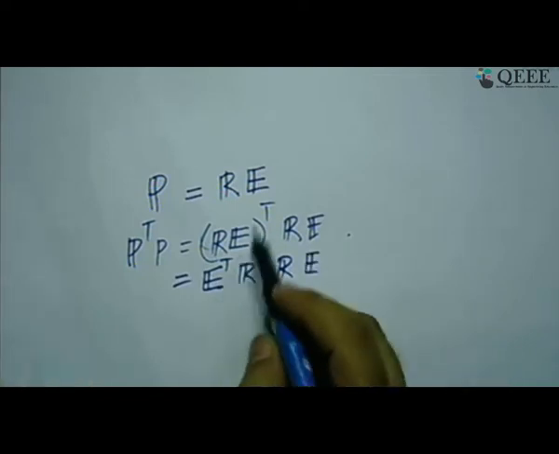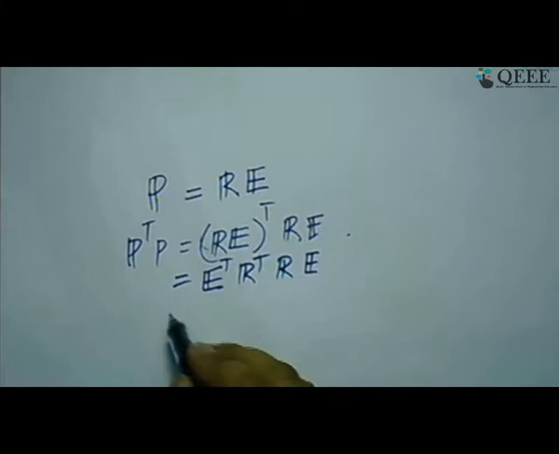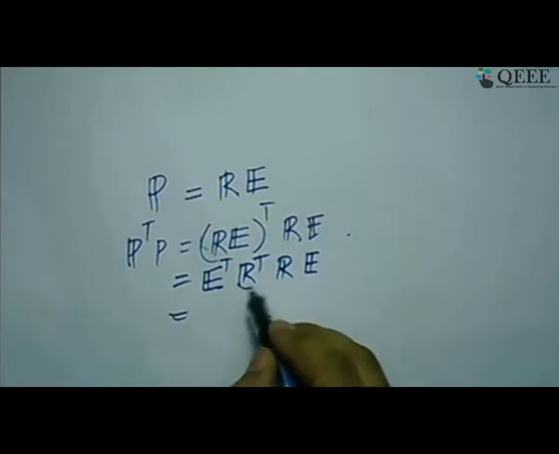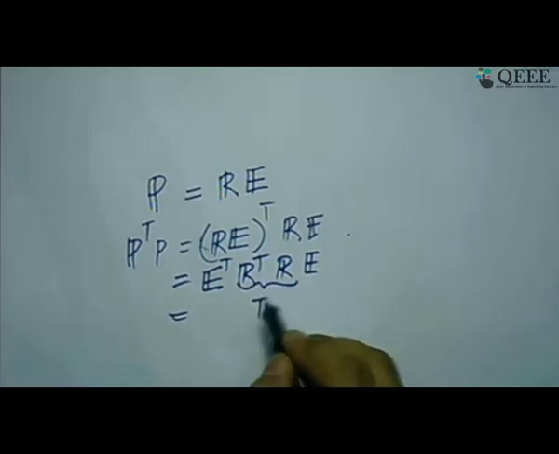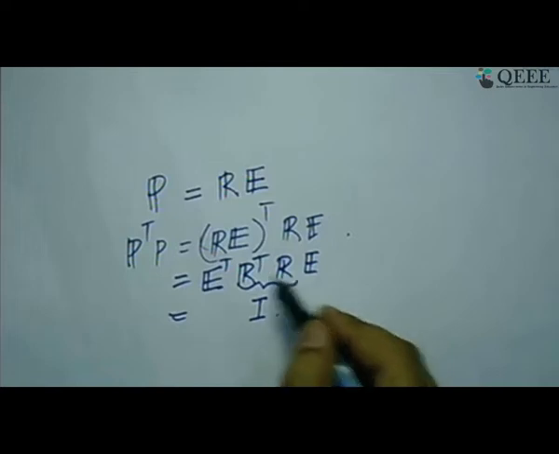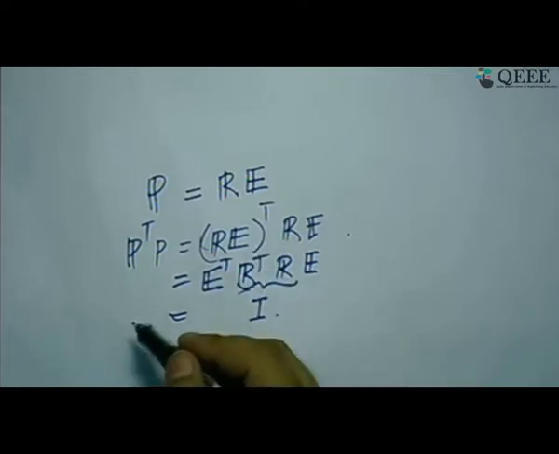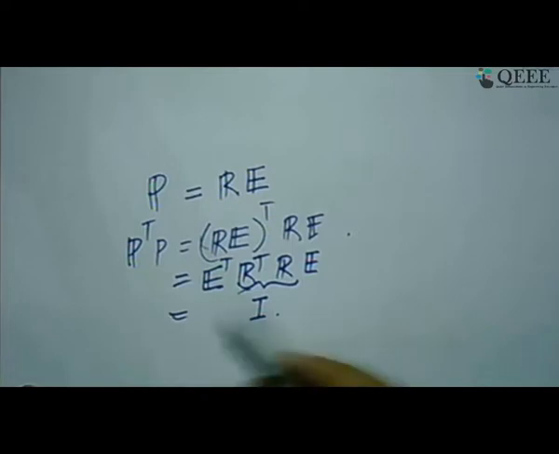This is a very important property. Now R transpose R is going to be I, because R is a rotation matrix, and for a rotation matrix the transpose is also the inverse.